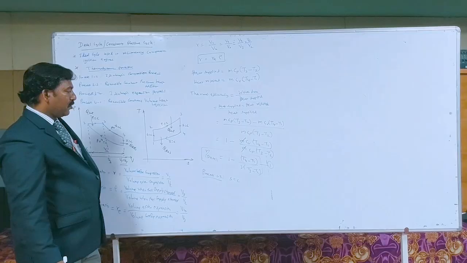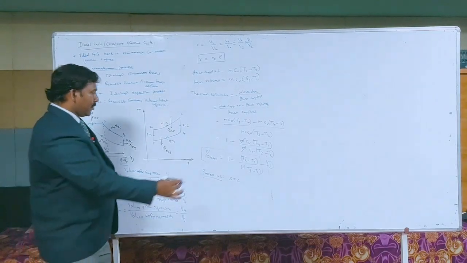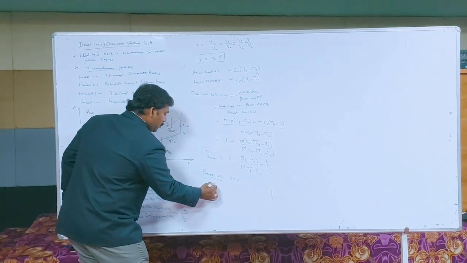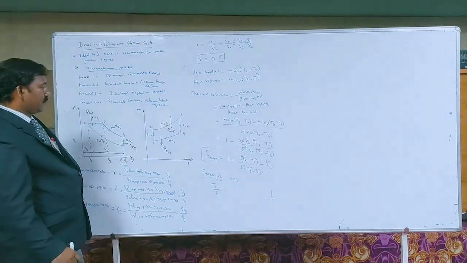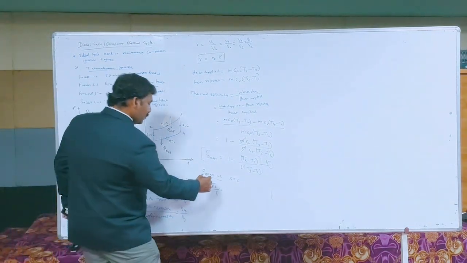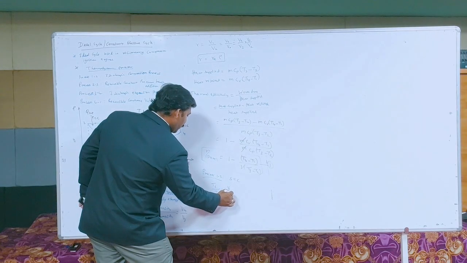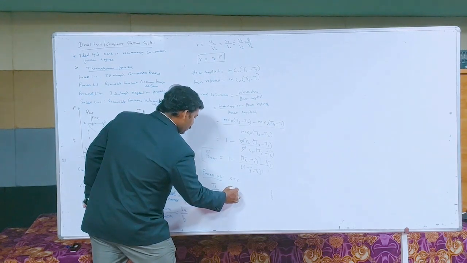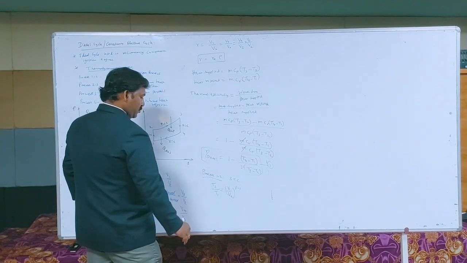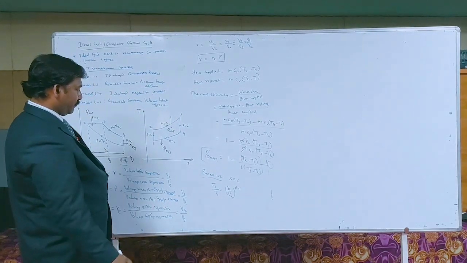We know for an isentropic process, T2 by T1 is equal to V1 by V2 power gamma minus 1.